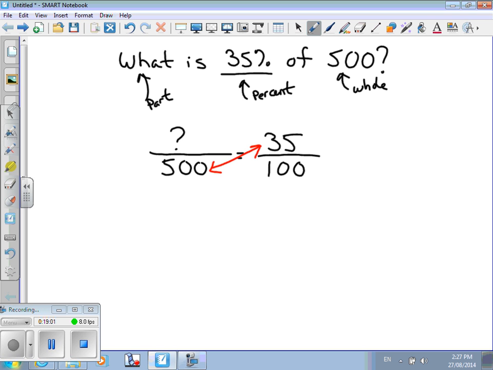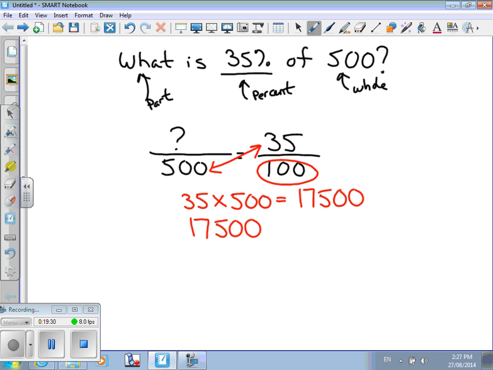We will multiply them together. And we'll get an answer for that. Again, I suggest using a calculator. So 35 times 500 is 17500.